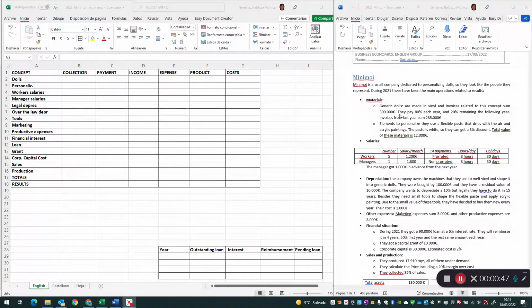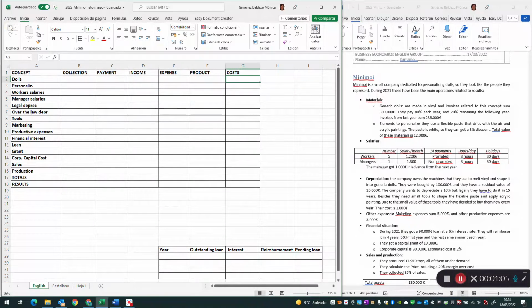So during this year, we're going to have cost and expenses of 300,000. And when we arrive to payments, we will need to combine 80% of the amount of this year plus the 20% of the amount of the previous year. So as I was saying, this is necessary for production, which means it's a cost.